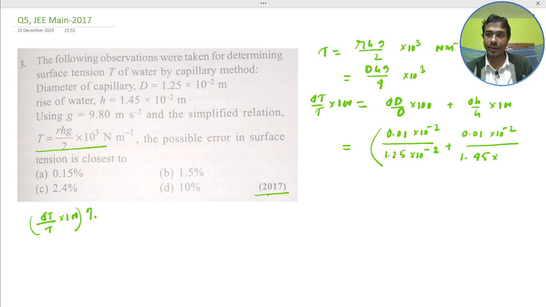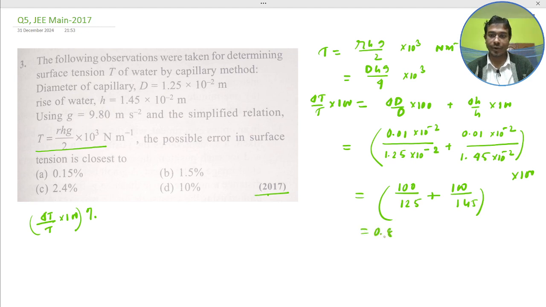So 1.45 into 10 to the power minus 2, this is into 100 for percentage. So it would become 100 by 125 plus 100 divided by 145. So it would become 0.8 plus 0.689.